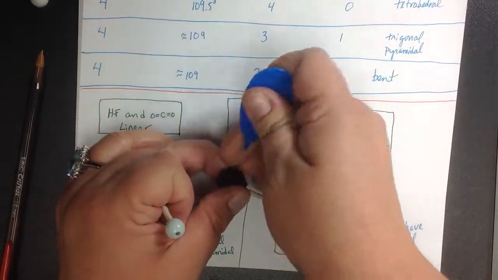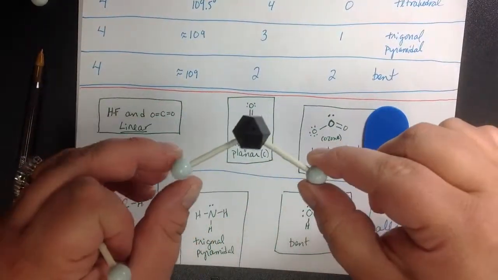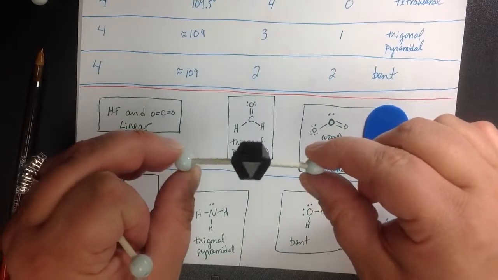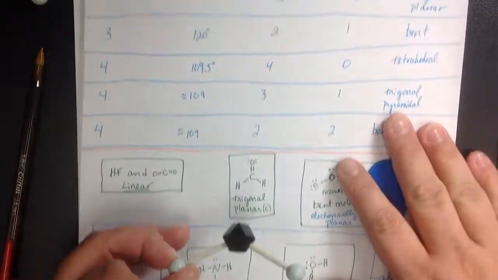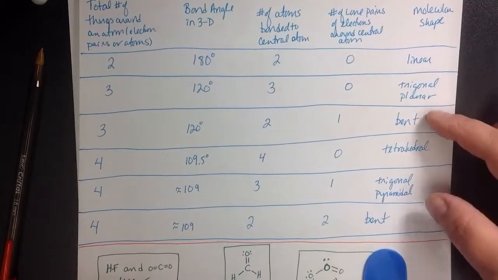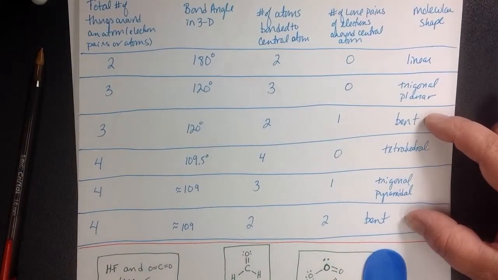And if we take this guy out, guess what? You're again left with a bent molecular geometry. So bent is possible in 2 different ways.